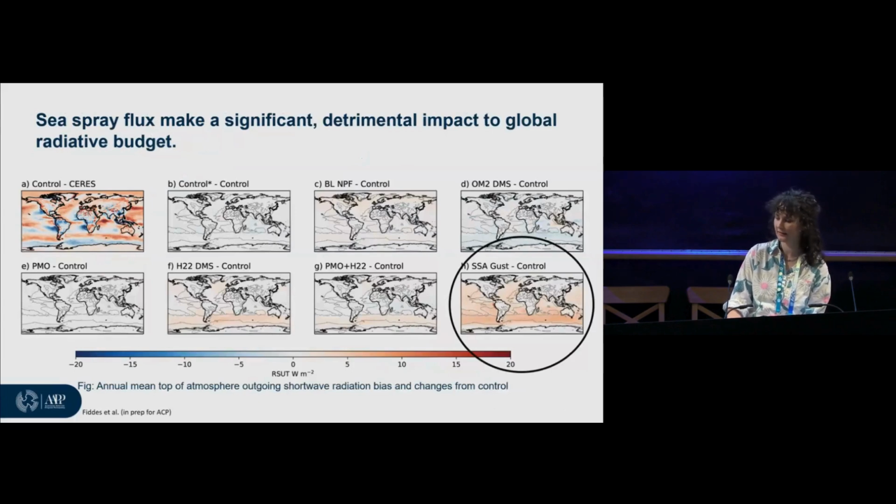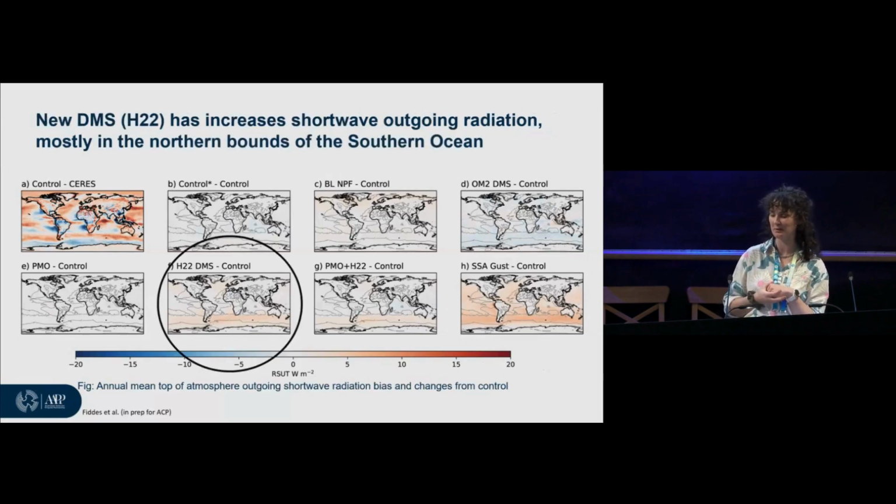If we look at our sea spray flux change, we actually make most of the world a lot worse in terms of its radiative balance. So this is not going to be a good thing to recommend in a model. Even though we improve our cloud condensation nuclei, we're making the energy balance much worse, which is, in my mind, a real problem for us.